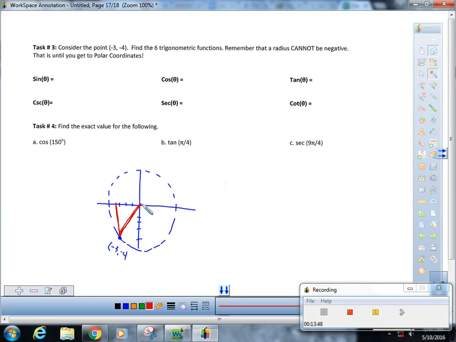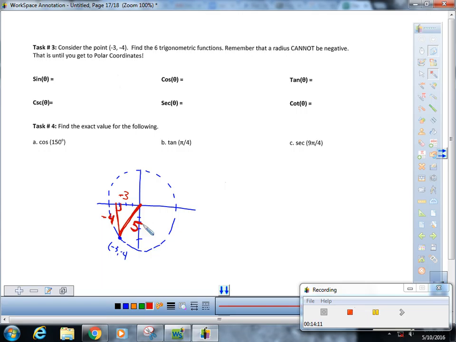It's 5. How did we get that? 3, 4, 5. We did the Pythagorean theorem in our head. But when you write this out now, -3 for this, -4 for that. Is our radius negative? It's not. It's +5. Okay?